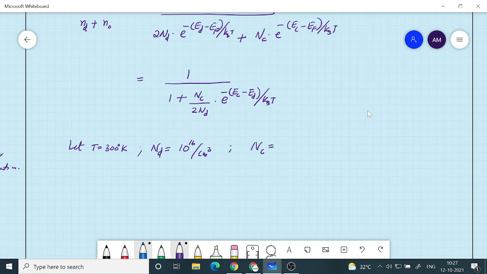Nc for silicon, the effective density of states of the conduction band, is 2.8 into 10 raised to 19 per centimeter cube. So we have all the quantities that we require. Therefore Nd divided by Nd plus N0 is going to be equal to 1 by 1 plus Nc, that is 2.8 into 10 raised to 19 divided by 2 into 10 raised to 16.